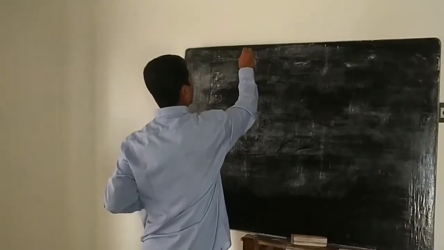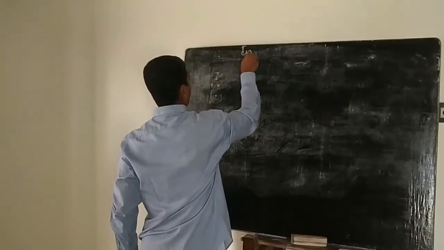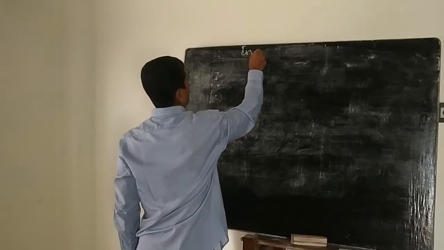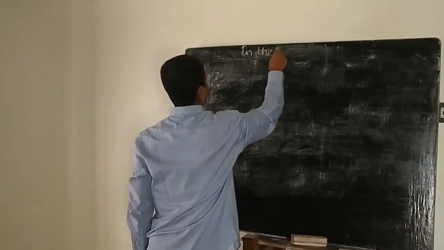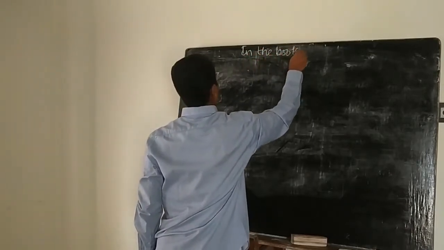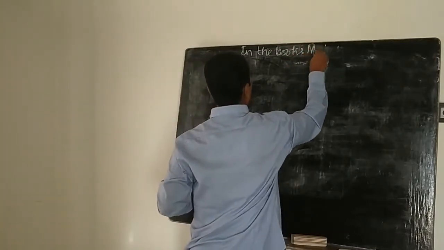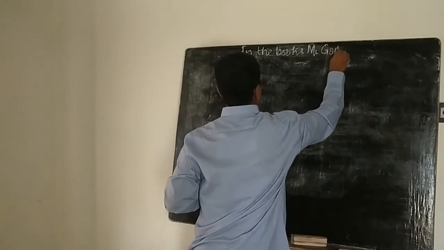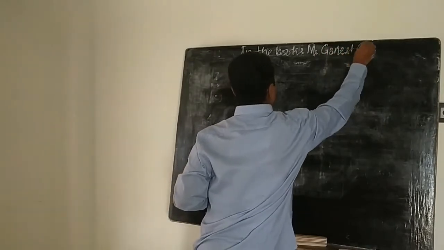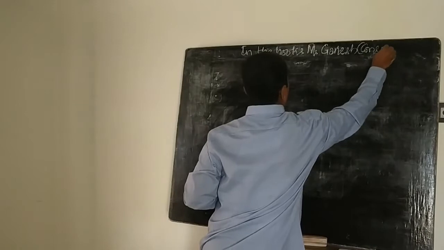So I write down here, in the books of, or else you can also write consignment accounts. In the books of, so who is the consignor here? Mr. Ganesh. In the books of Mr. Ganesh, in the bracket you can write consignor.